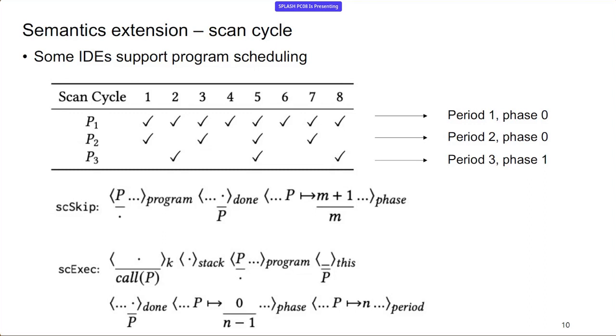SC exec is the second rule. It executes the program when it is its turn to execute. We know it when the phase is 0, and it is set to n minus 1, where n is the period. And here it actually calls the program.